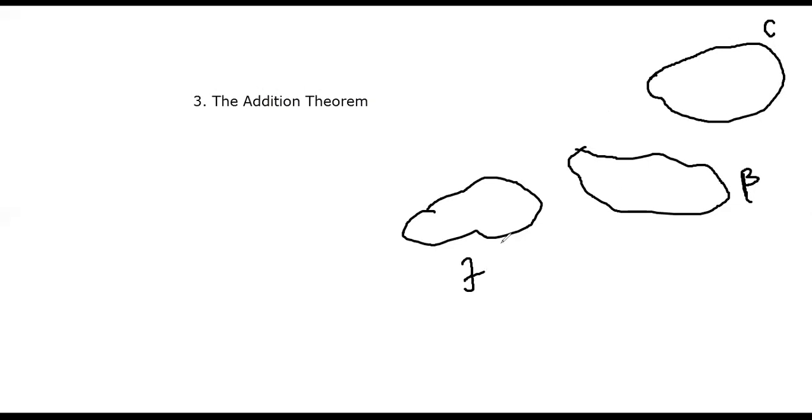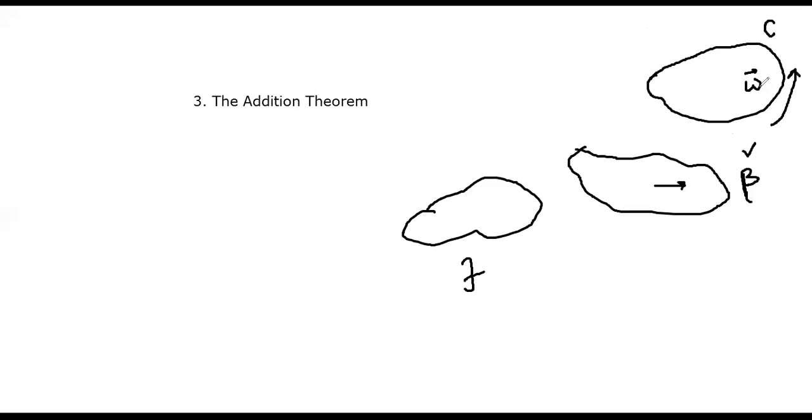Let's suppose this frame of reference C is rotating with some angular velocity, and its angular velocity information is provided to us by frame of reference beta. An observer in frame of reference beta says that frame C is rotating with angular velocity omega.